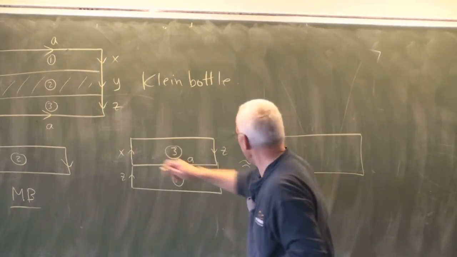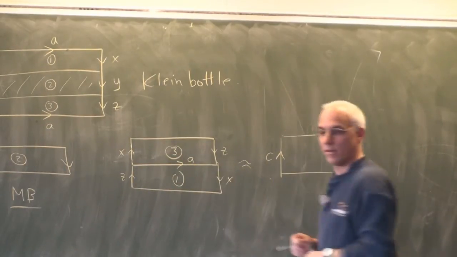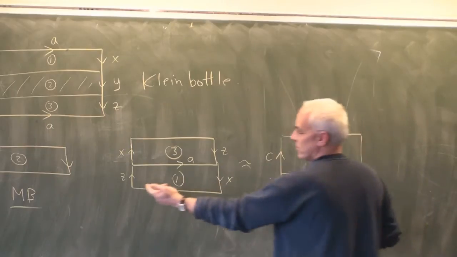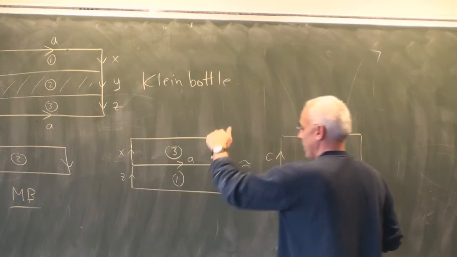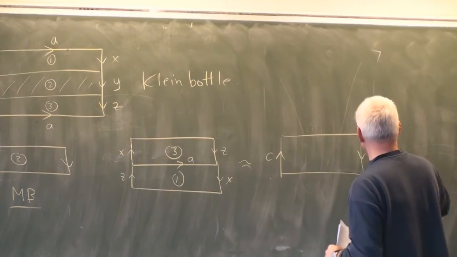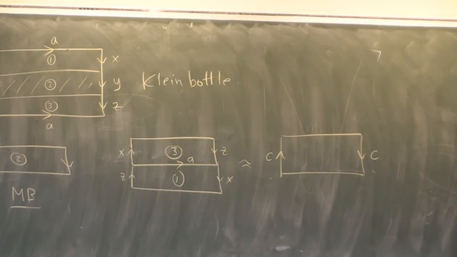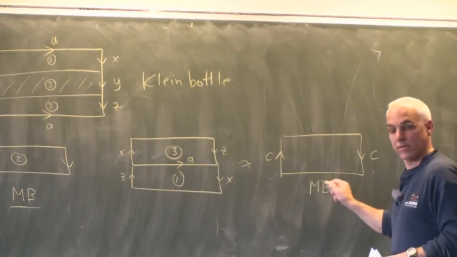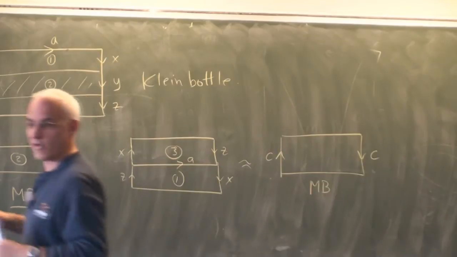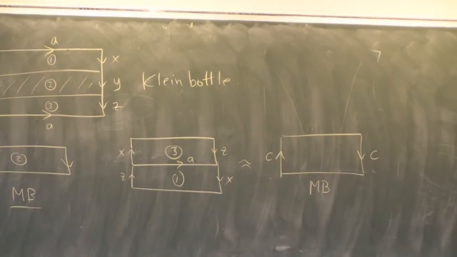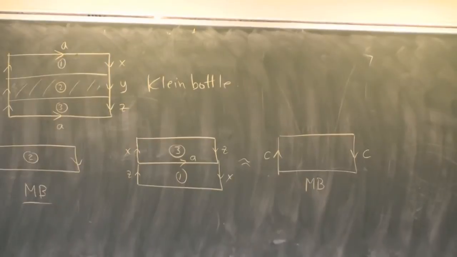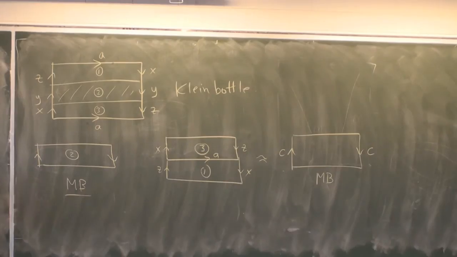And this edge right here, we can just replace it with, say, C. It's the edge starting with Z and then going X. And here we have Z and X going in this direction. So that's also C in the opposite direction. And that's also a Mobius band. So we've cut up our Klein bottle into 2 Mobius bands. And that's actually a closed surface, the Klein bottle, right? It has no boundary, because we've glued all the boundaries together.